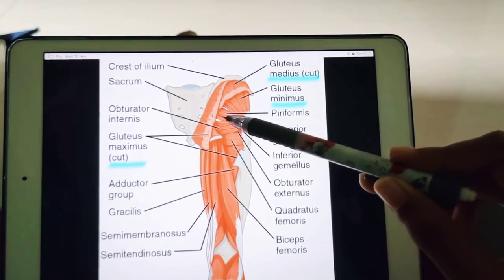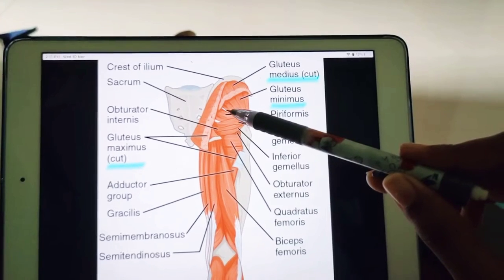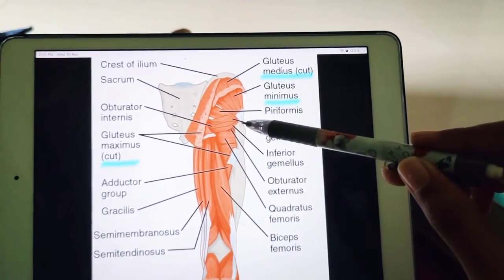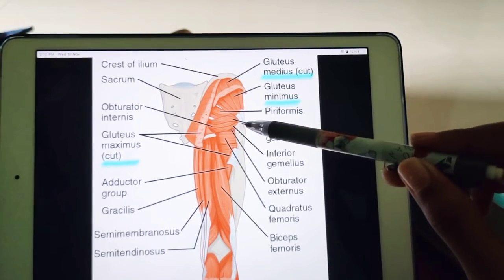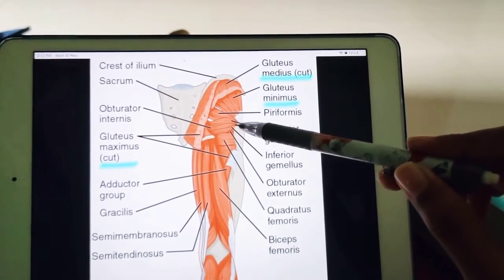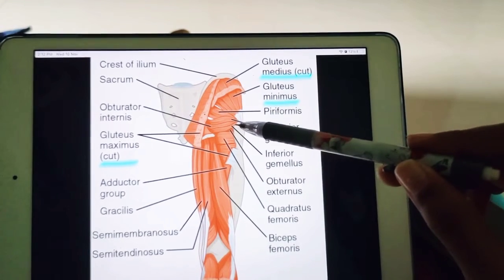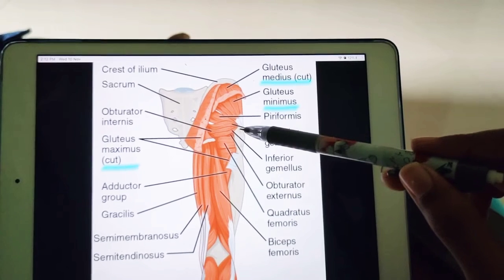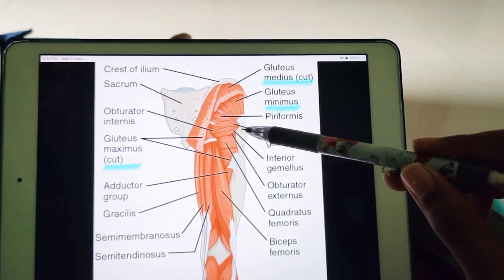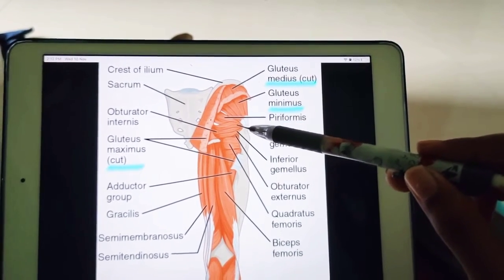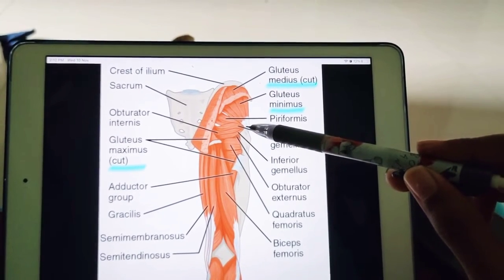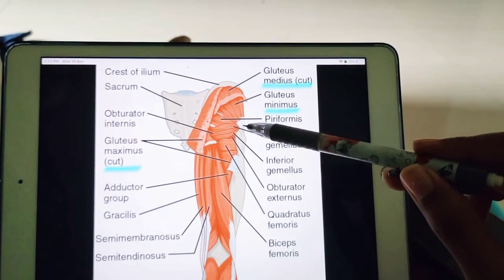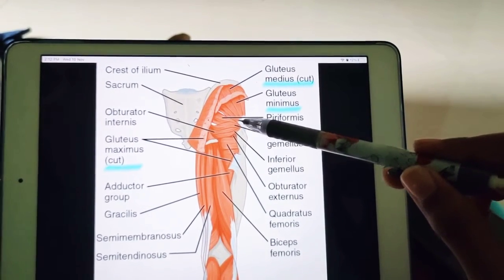It is inserted into the tendon of obturator internus and into the medial surface of the greater trochanter of the femur. If you see the gluteus minimus, it attaches on the lateral part of the greater trochanter, while this attaches on the medial part. It is supplied by the nerve to obturator internus, and its root value is L5, S1 and S2.